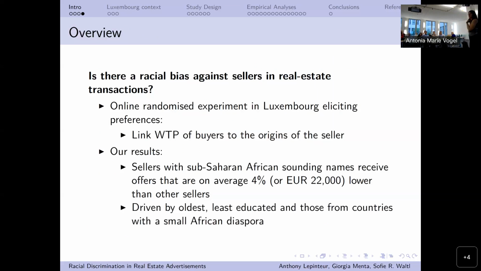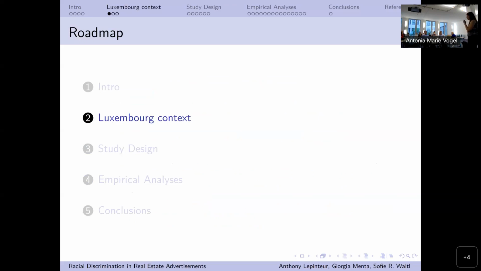That would be rather old people, less educated people, and also people that, given their upbringing and whatever we know about them, were not a lot in contact with people from sub-Saharan Africa and have no real connections to those countries where there's a large diaspora of those people. Okay, so just to show you a bit what the setting in Luxembourg is and why we also think that our findings here are probably a lower bound for Europe.